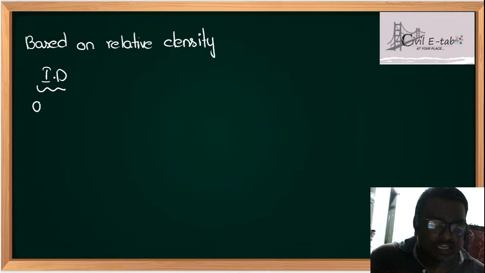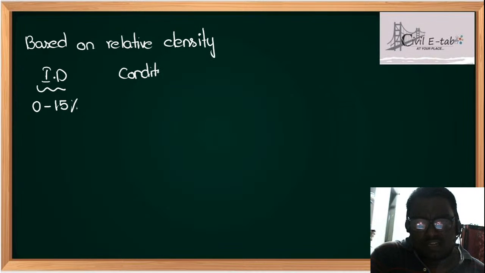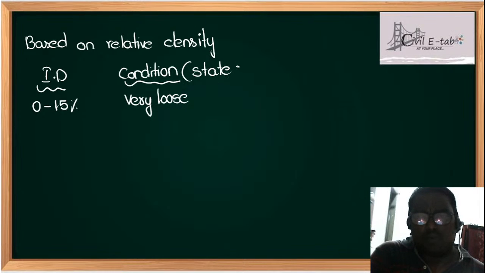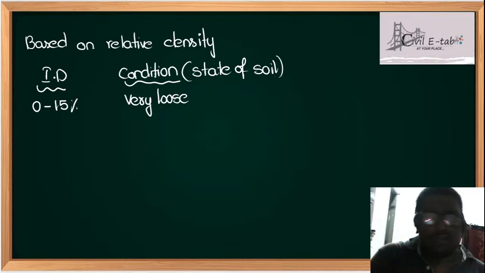When density index is 0 to 15 percent, the state of the soil is very loose. Remember, students, based on the density index, you are going to tell the state of the soil. If it is 0 to 15 percent, it is very loose.